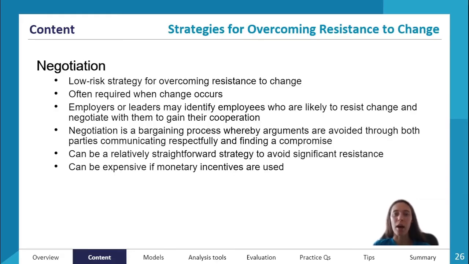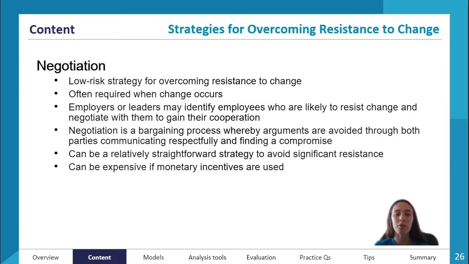So if you're not familiar with negotiation, it's that bargaining kind of process. If you think about when you're negotiating with your parent as a child about how much money you're going to get to be able to spend at the theme park or something like that, you may say $10 and your parents might say $5, and then you may say $7.